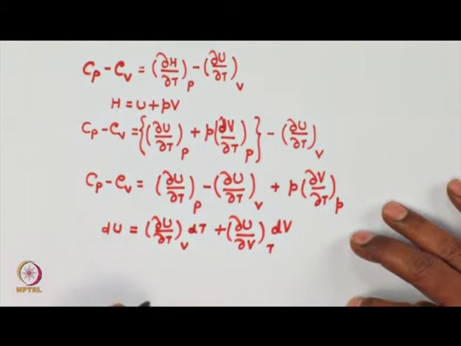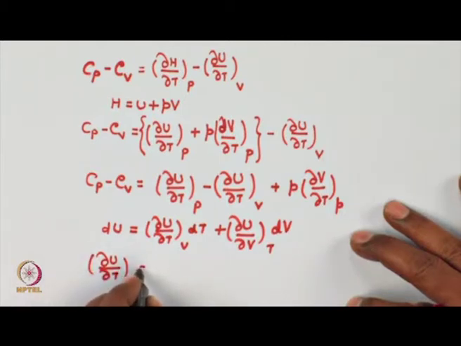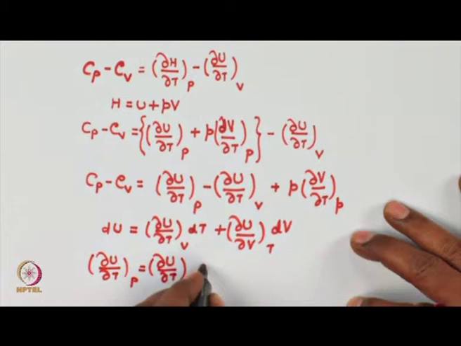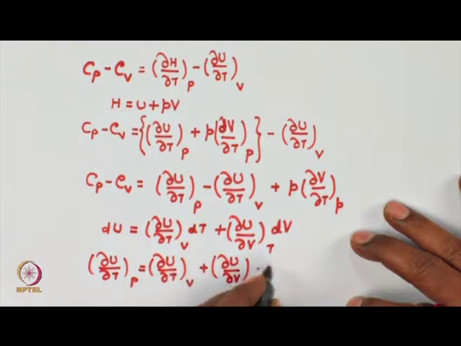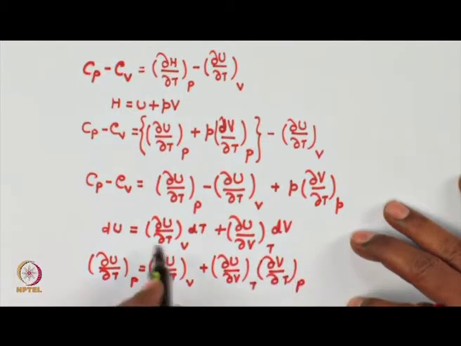And from this, I can write the variation of internal energy with respect to temperature at constant pressure is equal to the variation of internal energy with respect to temperature at constant volume plus the variation of internal energy with respect to volume at constant temperature into the variation of volume with respect to temperature at constant pressure. I have divided throughout by dT at constant pressure.